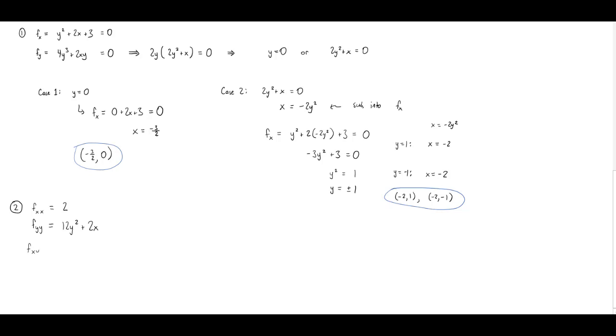Let's look at fxy. So that's a partial of fx with respect to y. It's going to be 2y, and then plus 0 plus 0. So just 2y altogether.